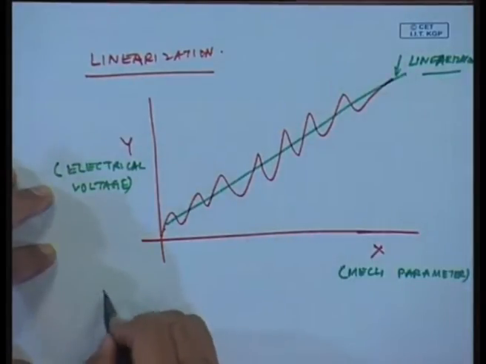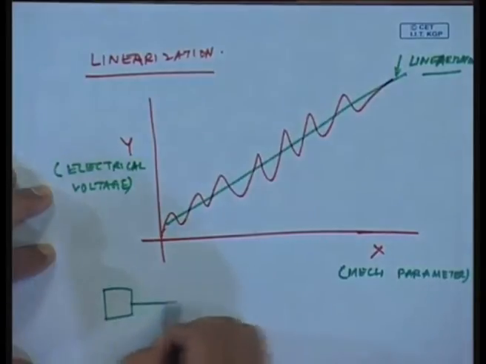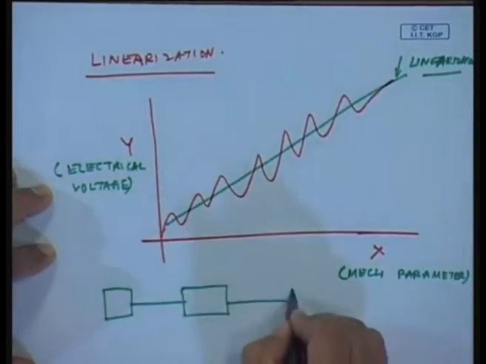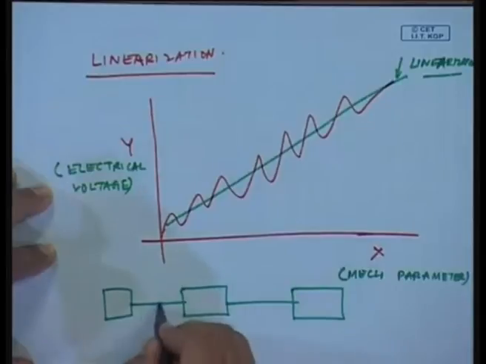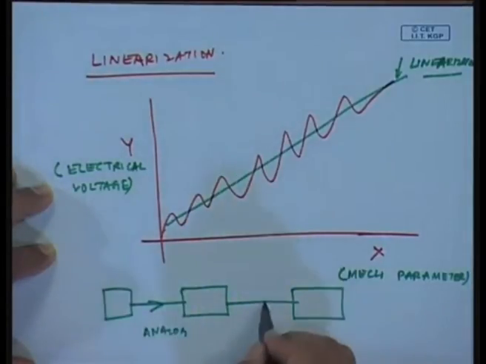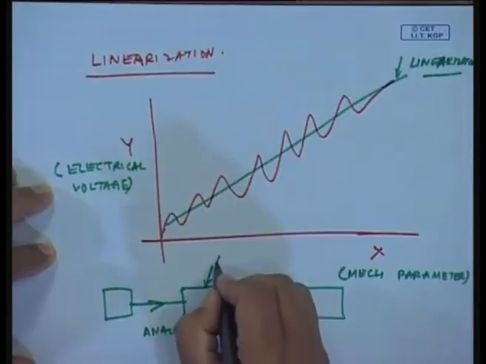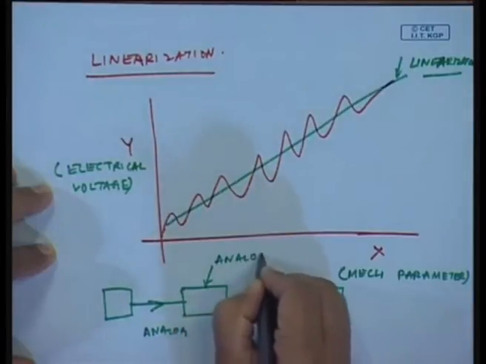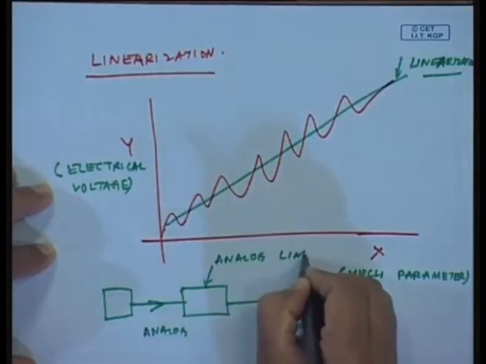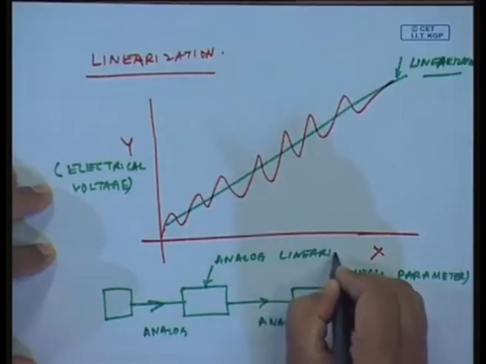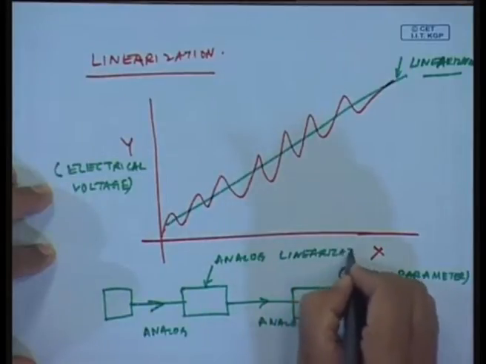While we are doing the measurements, if you have my transducer, the intermediate unit and the display unit, these are all analog signals. So, there are analog linearizers or linearization units.